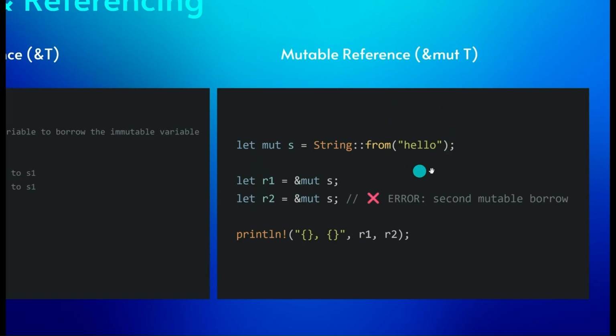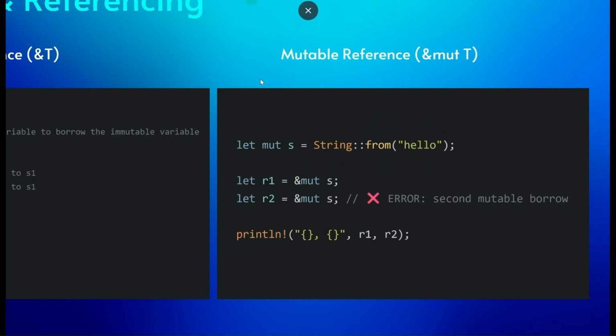Here we have passed the value hello to r1 with the ampersand sign, so that r1 can also use hello, meaning r1 has borrowed this hello from the s variable, but it also has permission to change hello, right? Because mut has been used.